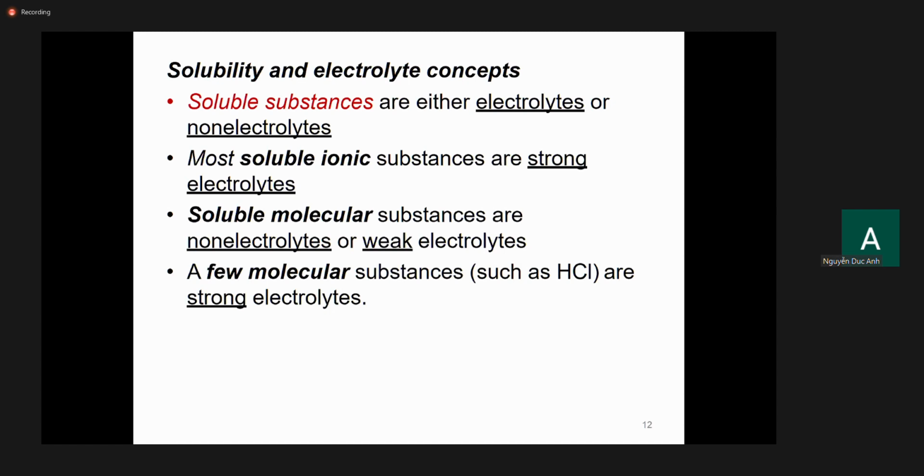Soluble molecular substances are normally non-electrolytes, and sometimes weak electrolytes. Only a few molecular substances, like hydrochloric acid, are strong electrolytes. So there are some conclusions for you to remember for this part on solubility and the electrolyte concept.